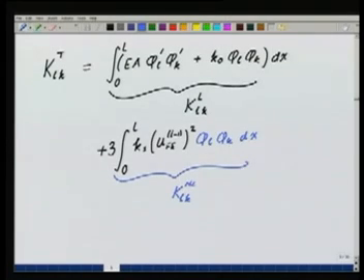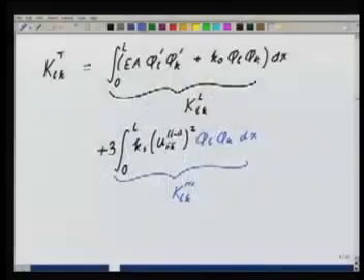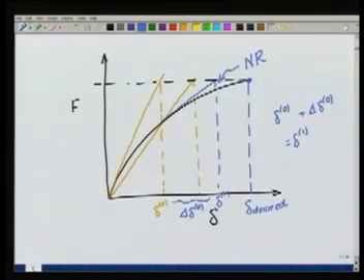Okay, so for this problem, this is what we will get as a tangent stiffness matrix at the step i−1. So let me go back to my drawing here. It is the local tangent, or the local slope, at the current solution level that we are talking about.